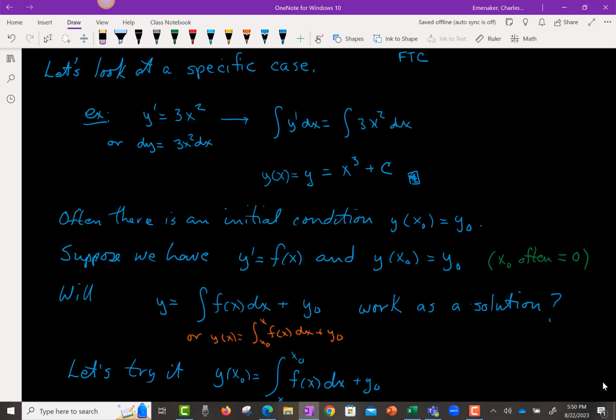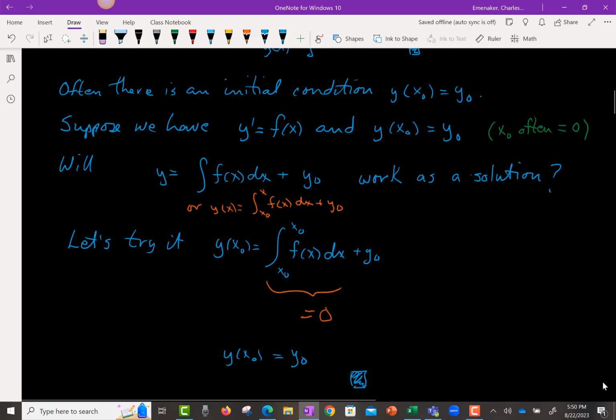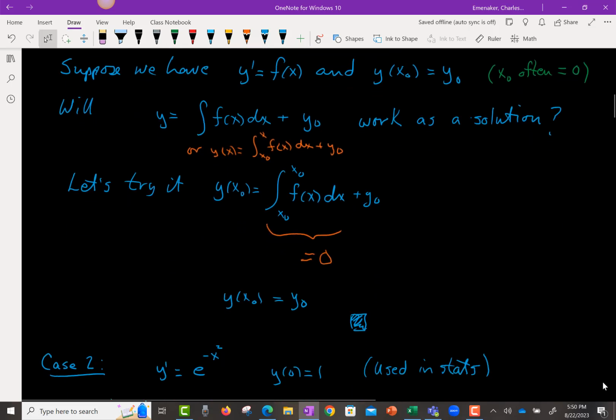Let's take a look at something like this. Suppose we have a general situation where we have y prime equals f of x, and we're given some initial condition, y at x sub 0 is equal to y sub 0. Well, if we go ahead and we solve this and apply the antiderivative to the y prime, we're going to get y.